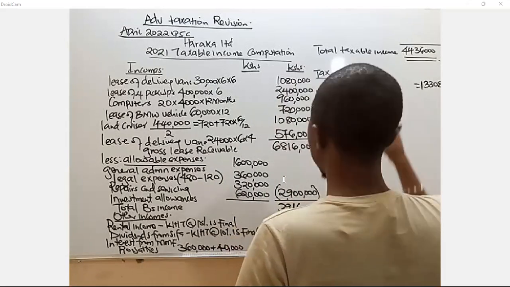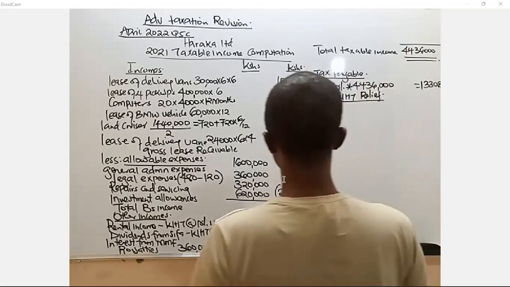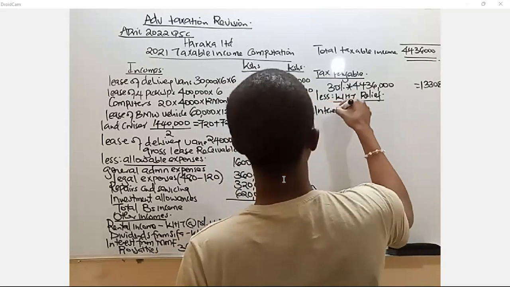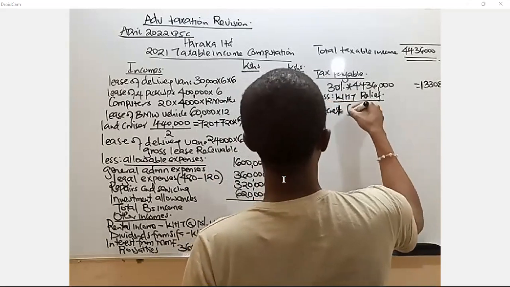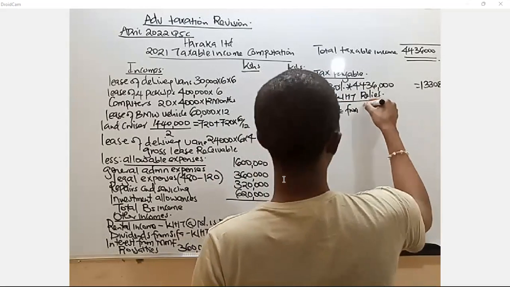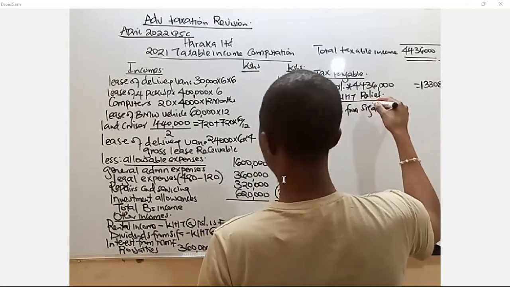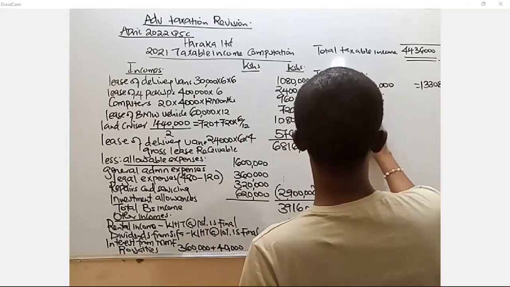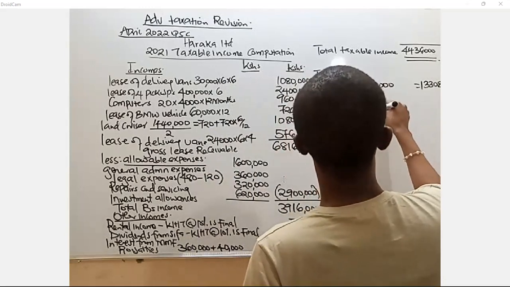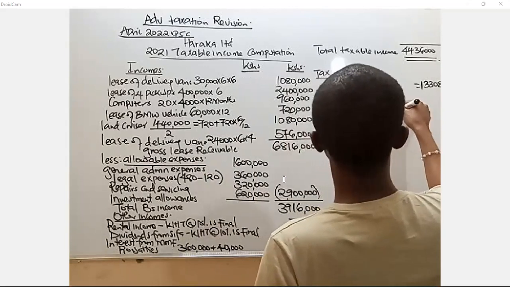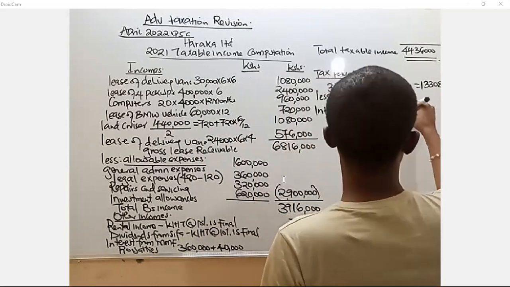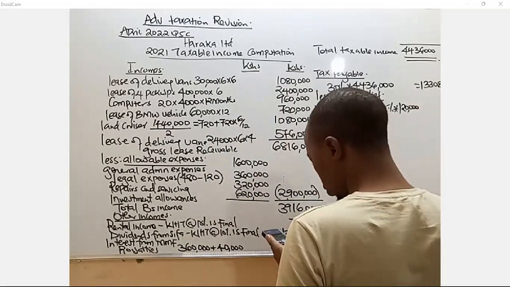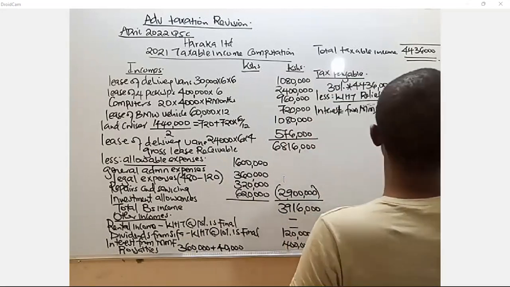Allow me to start with the interest from money market. We take 15% of 120,000. So 15% of 120,000, we are getting 18,000.